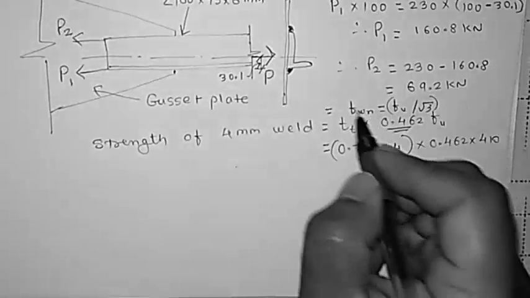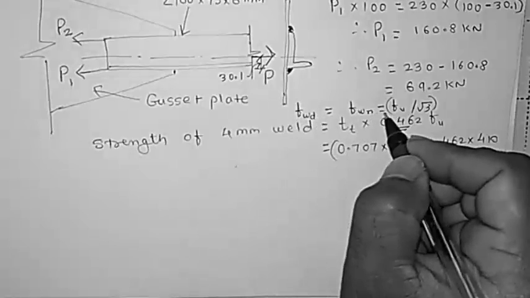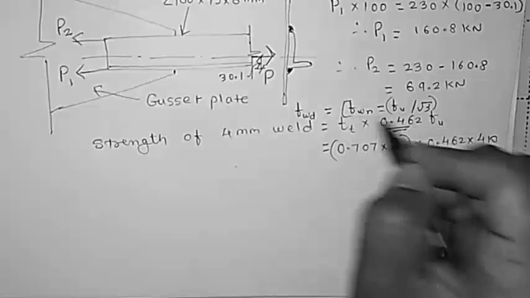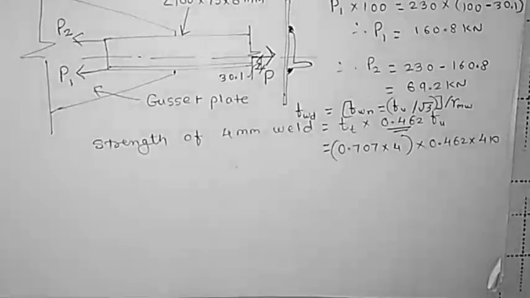So FWD, which is equals to FWN divided by gamma MW. So gamma MW, what we got is from page number 30, table number 5, and that is equals to gamma MW, which is for the welding 1.25. So if you just multiply it, you will get 0.462 directly.